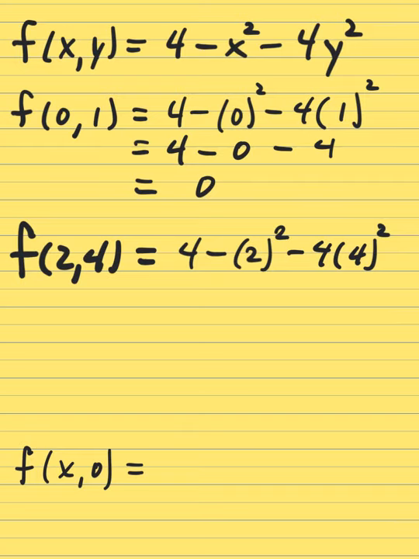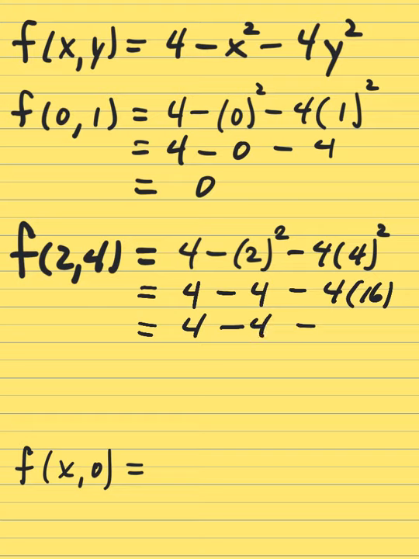You can put these in a calculator all at once because those do know the order of operations. If you just want to hack away at it a little bit at a time, that's totally appropriate too. 4 squared, 16. So that's going to give us 4 minus 4 minus 64 for a grand total of negative 64.